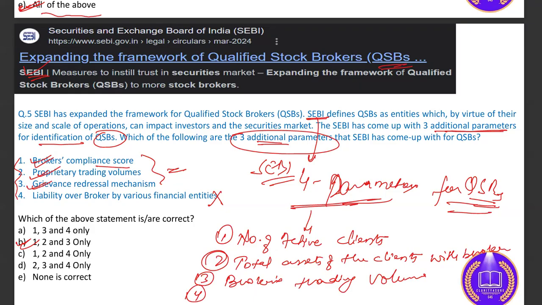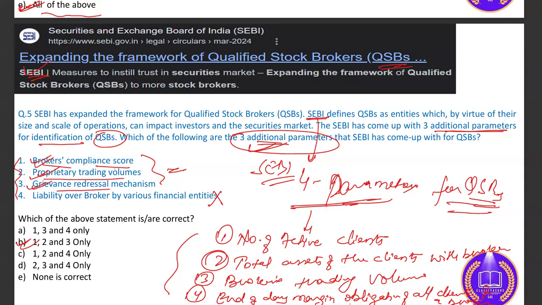And the fourth one, end of day margin obligation of all clients of a broker. So these were the 4 existing parameters, and recently SEBI expanded them and added 3 additional parameters: broker's compliance score, proprietary trading volumes, and grievance redressal mechanism. Just keep these parameters in your mind.